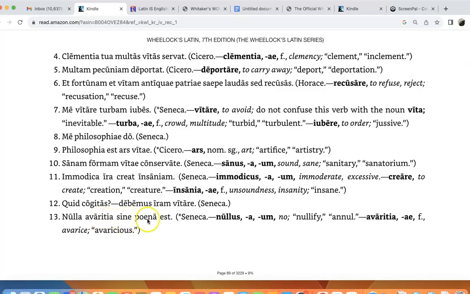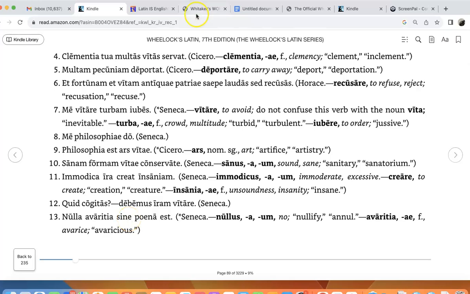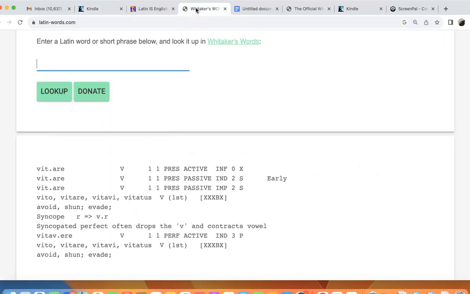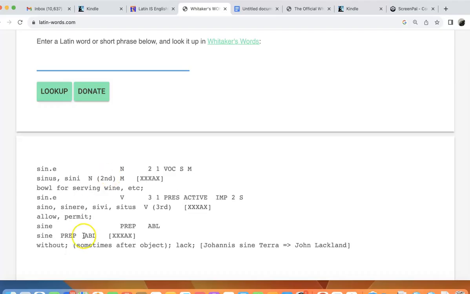Nulla avaritia sine poena est. So no what? No avarice. What is avarice? Greed. So no avarice is without penalty or without punishment. Let's take a look at this one. Sine, as we said earlier, when we use sine, it's followed by the ablative.